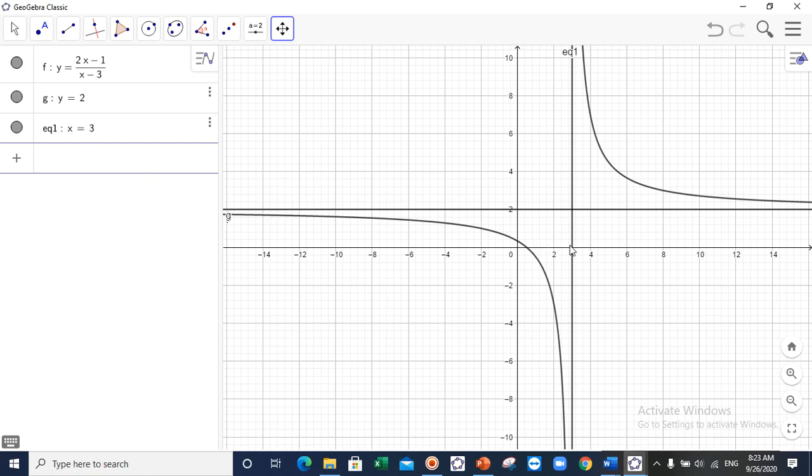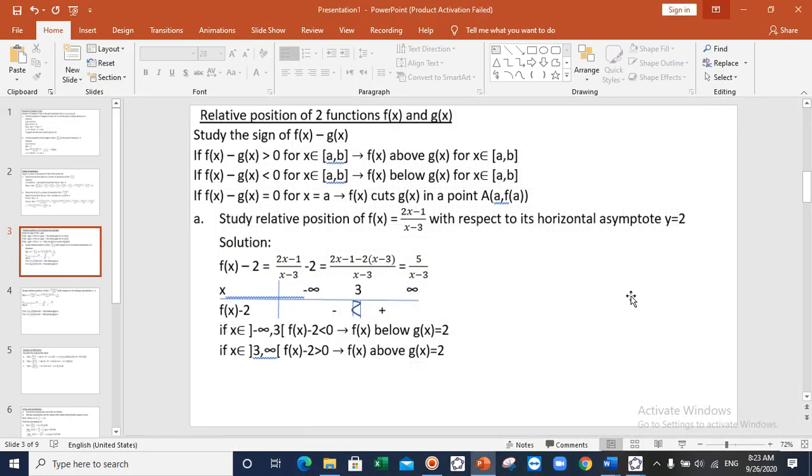As you can see here, if x is smaller than 3, this curve is below the horizontal line. However, if x is bigger than 3, this curve, which is f(x), is above the line. So if this is x equal to 3, from minus infinity till 3, the curve is below the horizontal asymptote. Bigger than 3, the curve is above.